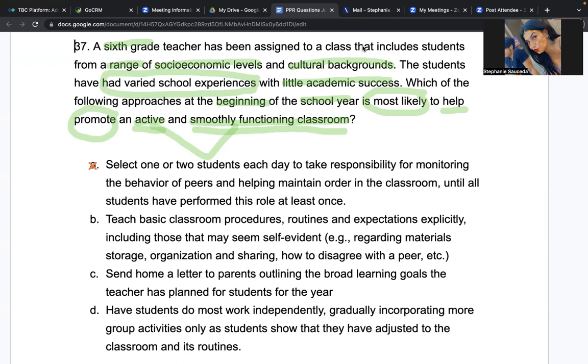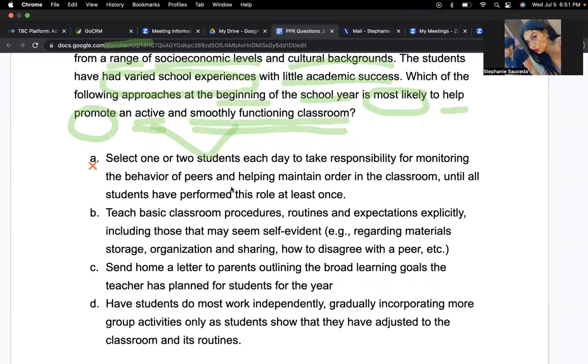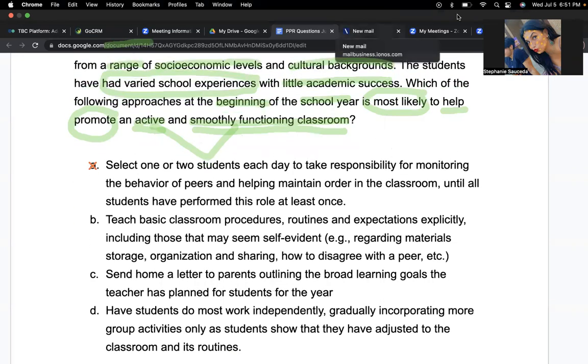It seems like a lot of responsibility for monitoring the behavior of peers and helping maintain order. So we're going to have sixth graders in charge of other sixth graders to maintain order in the classroom. And so that's too much. And that's why I would bet myself $5 that A is not the best answer.